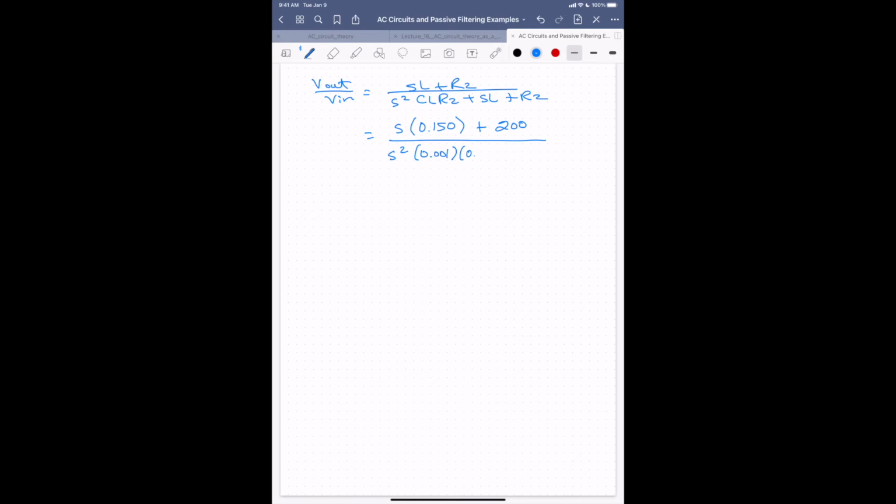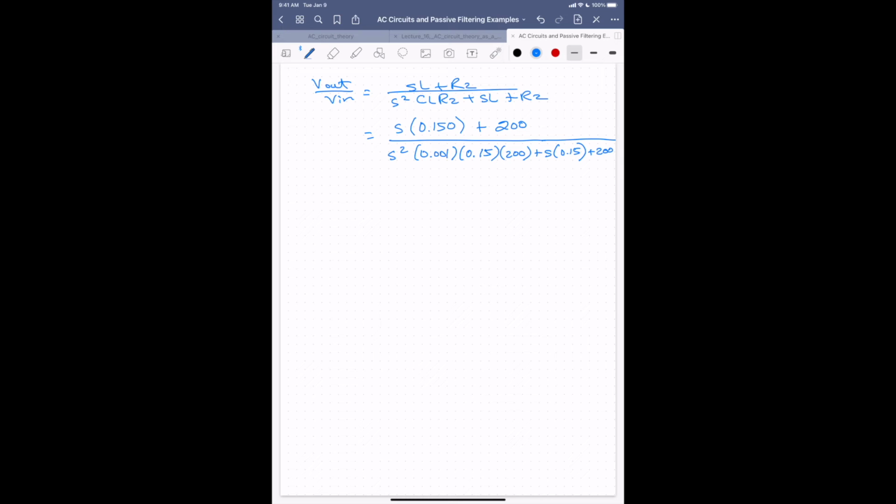L is 0.15. R2 is 200 plus S times 0.15 and then plus 200. Okay, so there's all my values just plugged in.